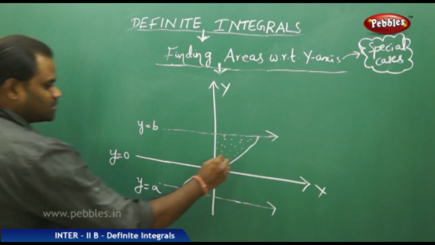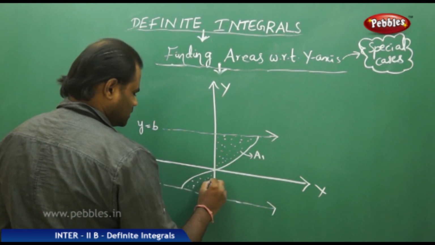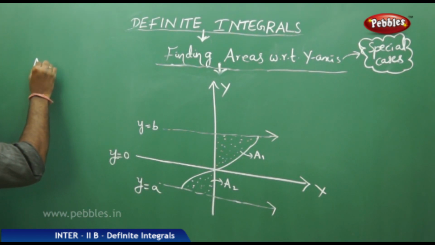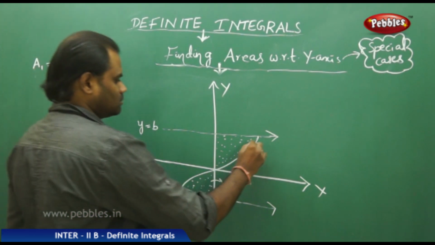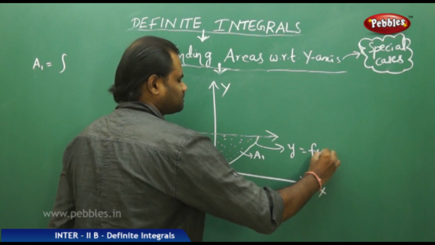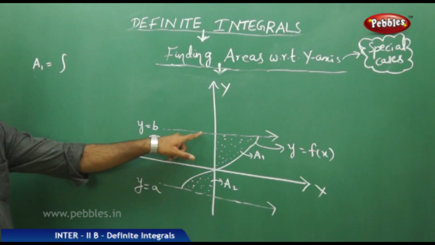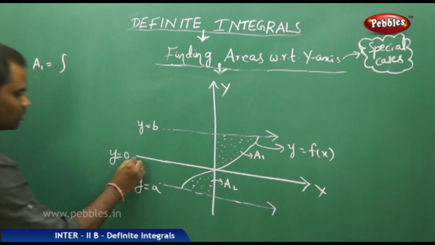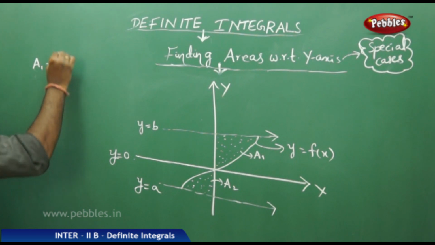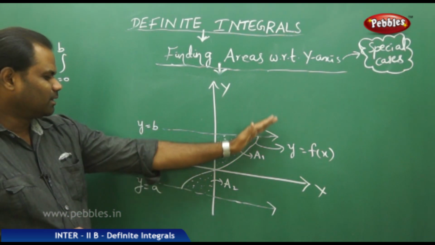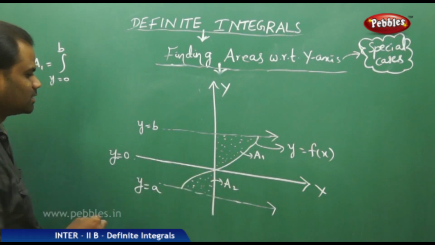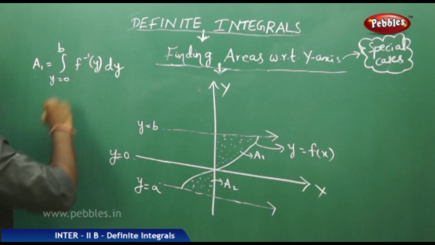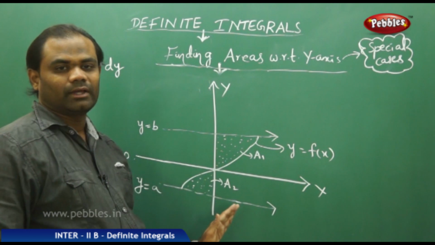Initially if I take this as a1 and this as a2, for a1, with respect to the y-axis, the lower limit is 0 and the upper limit is b. So 0 to b of upper curve minus lower curve: the upper curve is f inverse y and the lower curve is 0, so I get f inverse y dy.